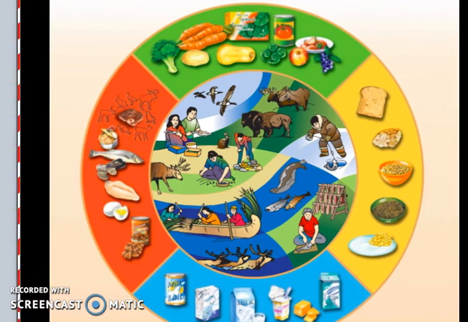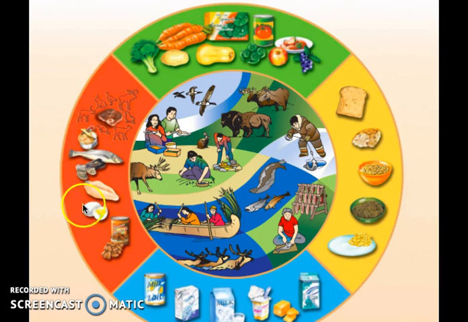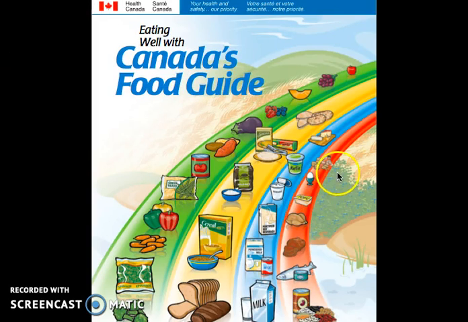Here there's a circular shape, and you can see that there's lean sources of protein, wild game, fish, seafoods, eggs, and beans. Whereas in the other suggestion, beans was the largest, and they had fish, chicken, tofu, and other seeds and nuts.